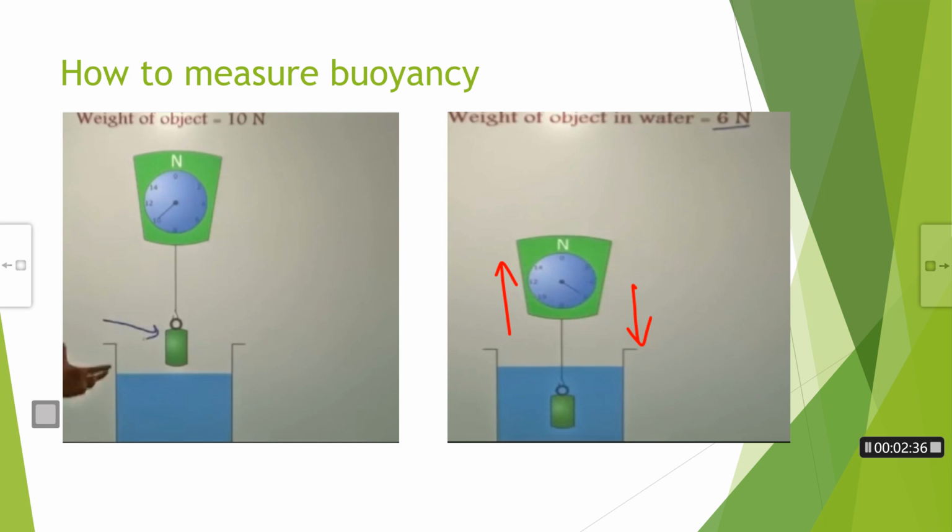Here, the object is immersed in water. So, water will exert an upward force on the object and that force is buoyancy. So, the upward force or the buoyancy can be calculated by finding out the loss of weight.